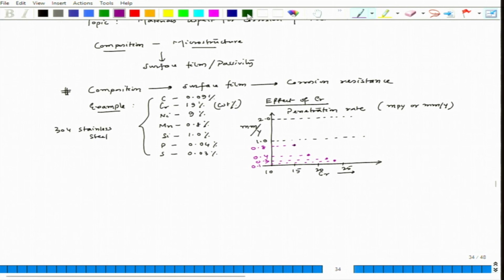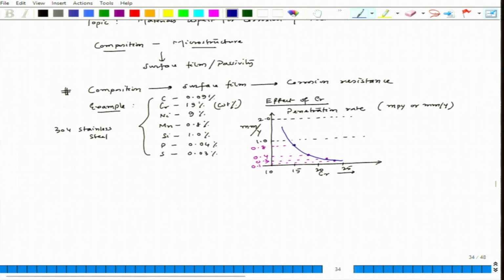So, now if we plot it and extrapolate it, the plot would look like this. Okay. As we decrease the chromium below 15%, suddenly we see a good amount of increase in penetration rate. That means a good amount of reduction in corrosion resistance.